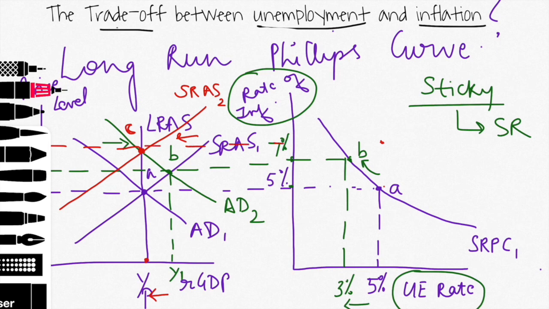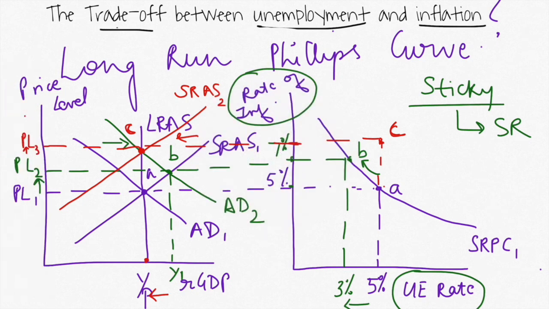Because we are just extending this over here, where we are coming back to the 5%, right? But at the same time, we have a higher rate of inflation, because this higher rate of inflation is seen on the ADS diagram. So let's say this is about 9%. So higher rate of inflation and the unemployment rate has come back to the same, which means C and A are basically on the same vertical line.